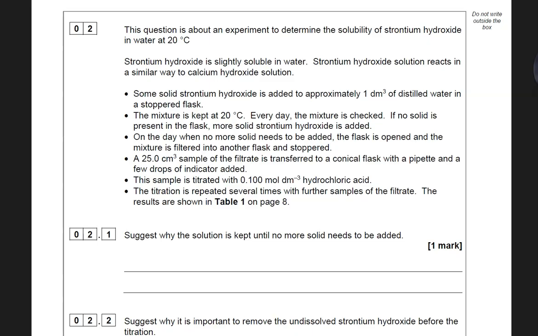And it's only by getting to the point where no more solid will dissolve that you have created a saturated solution. So until you see solid remaining that is undissolved, you don't know that you've achieved a saturated solution. And therefore the answer is along the lines of to make sure that the solution is saturated.